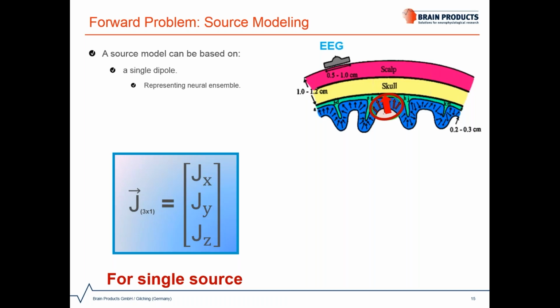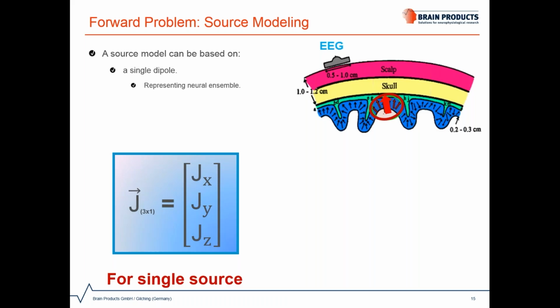The advantage of this single dipole model is if you have a very focal source or point source. For example, basic sensory responses, like auditory responses, are known to have focal sources that are far apart from each other on the two hemispheres, and they can be modeled separately using a single equivalent dipole.